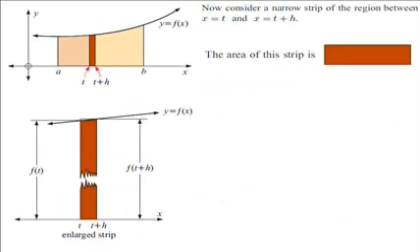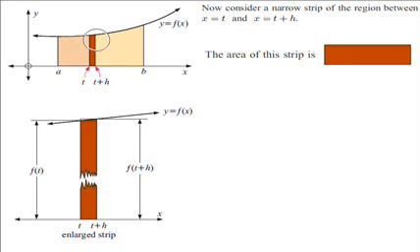If we were to focus on a narrow strip in that region between x equals t and x equals t plus h, to work out the area of that strip we would subtract a small area from a large area.